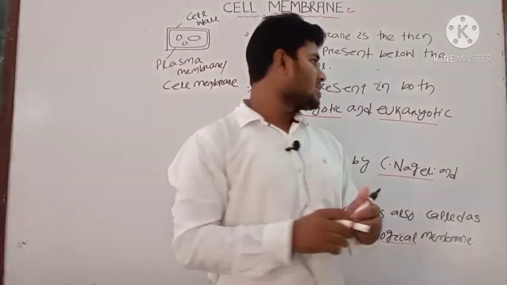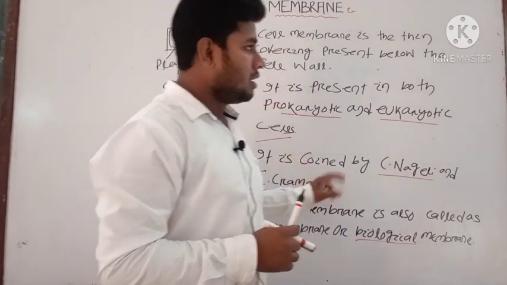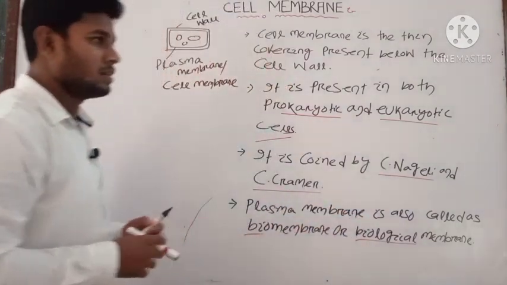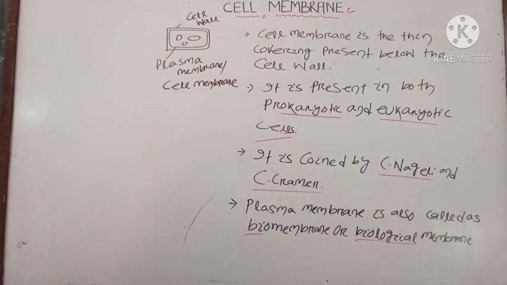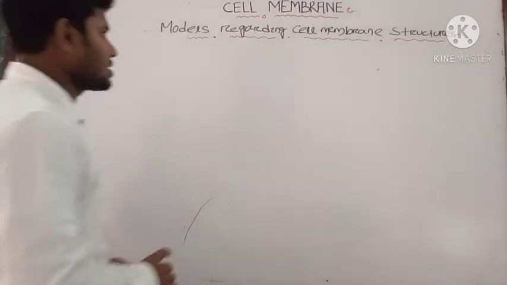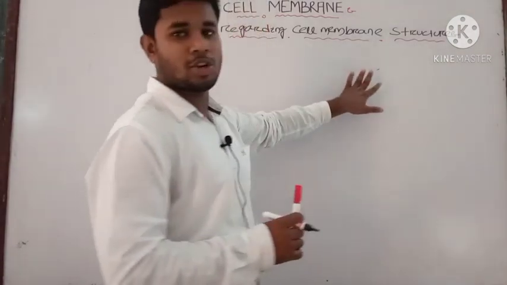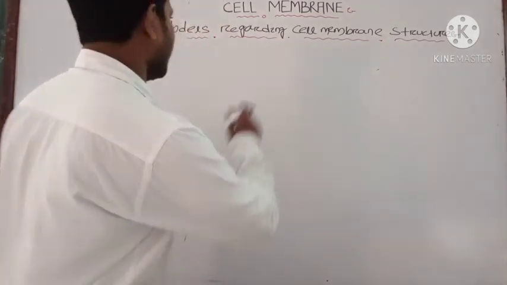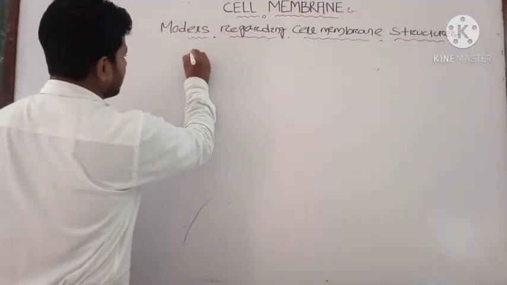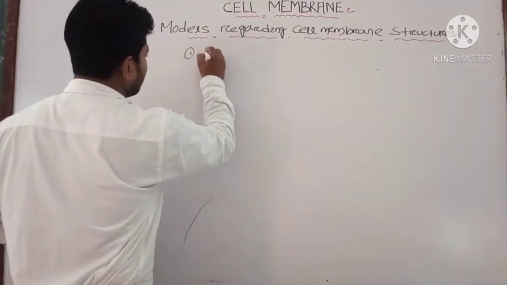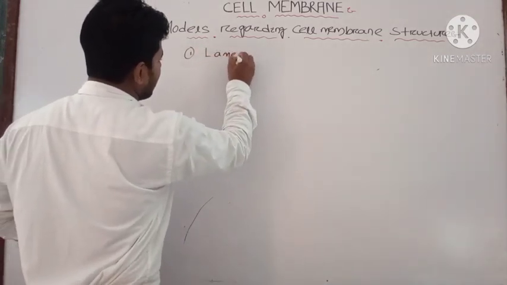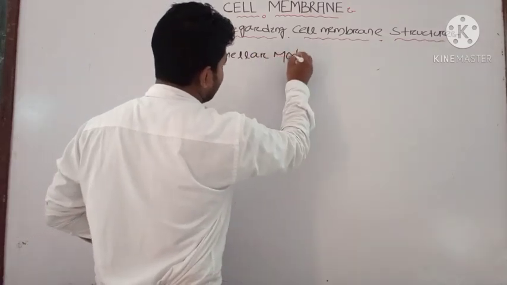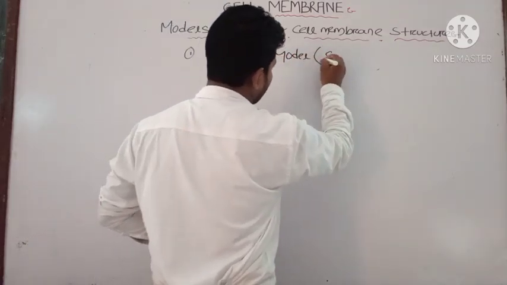Then we will discuss some structural models of the plasma membrane. Note down these points. Let us discuss some models regarding the structure of the cell membrane. Mainly there are three models proposed by different scientists. One is the lamellar model, or sandwich model.